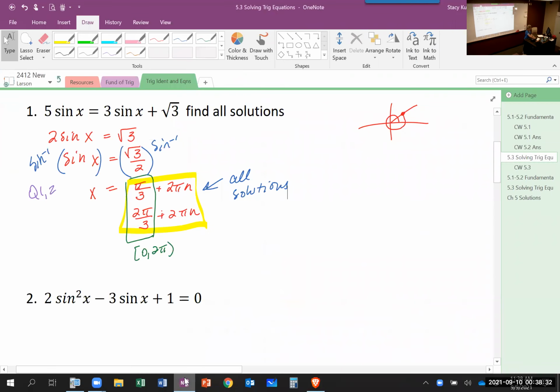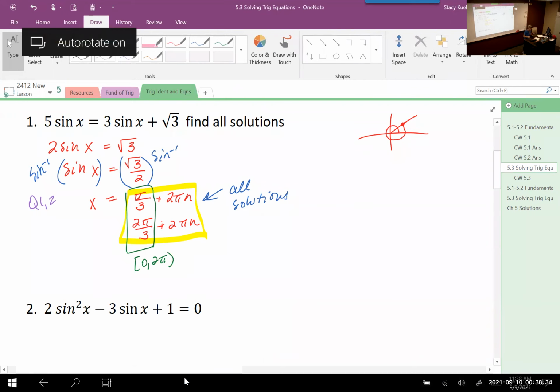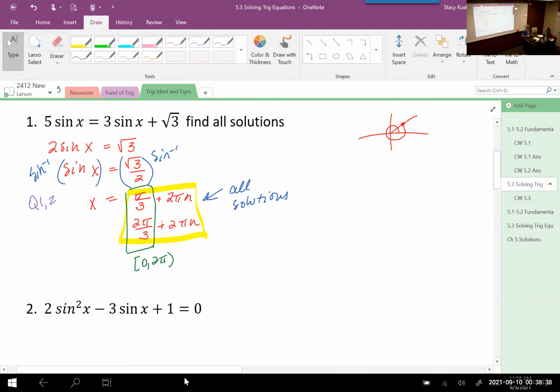Okay. So now, yes, sir? So do you have to do the plus 2 pi n as part of your answer? So you have to read the directions and you're going to give the answer based on what the directions are telling you. In this problem I have asked you specifically to find all the solutions, which means plus 2 pi n for sine.